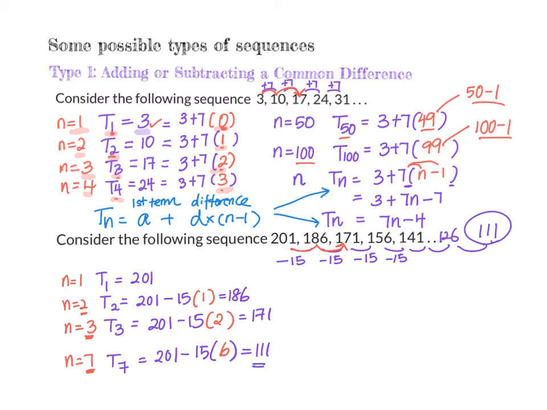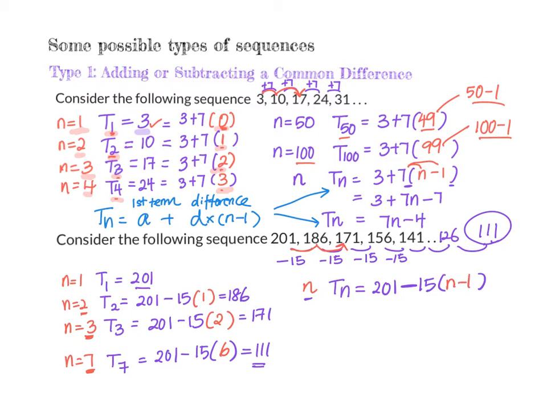If I'm going to use my formula over here, what will be Tn, the general term? When it's n, term n will be taking my very first term, 201, plus a difference, but now I'm not adding a difference, I'm subtracting a difference of, when it's n, I will subtract 15, n minus 1 times.